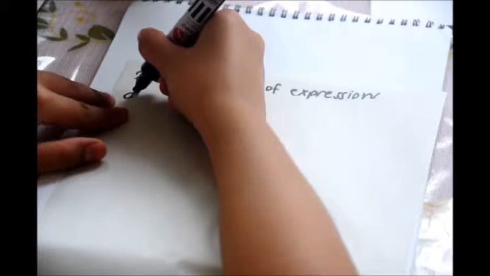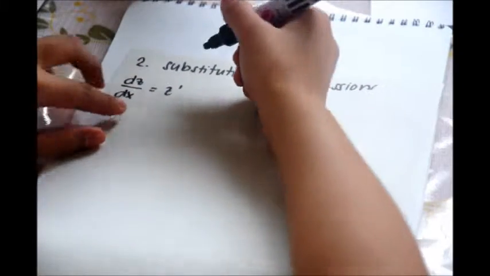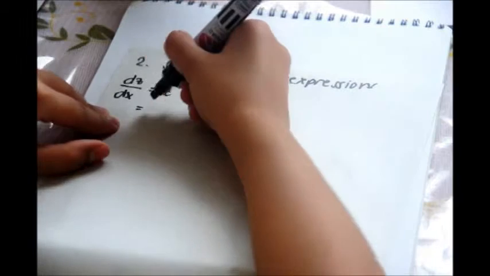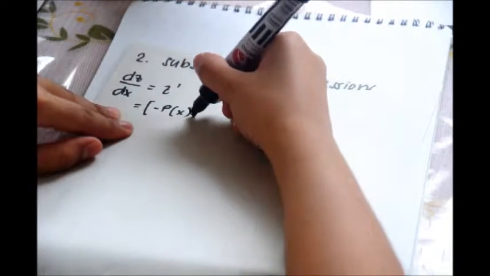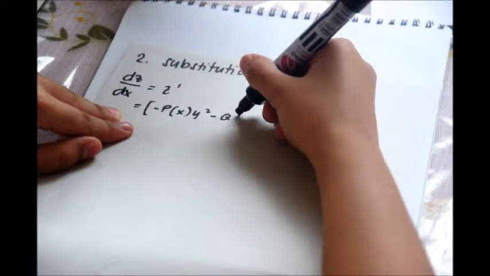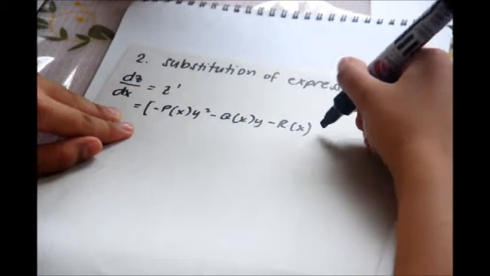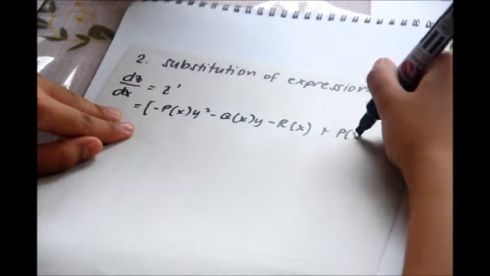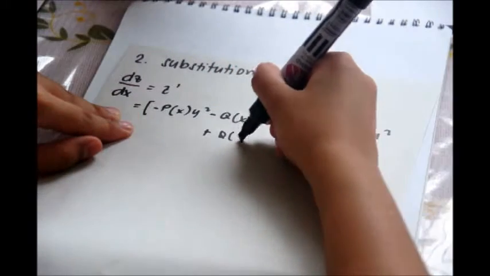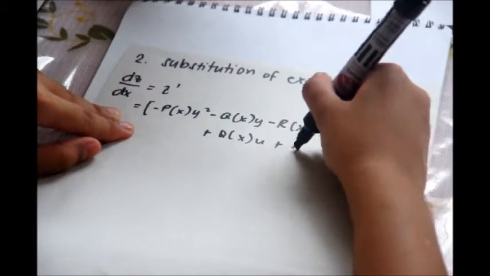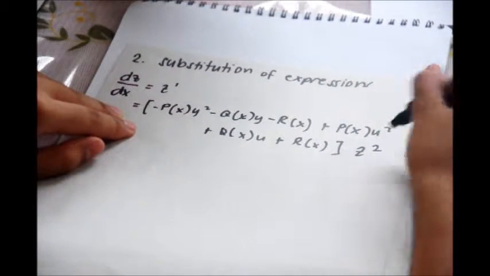So now dz over dx is equal to z prime, which is equal to negative p(x)y squared minus q(x)y minus r(x) plus p(x)u squared plus q(x)u plus r(x), multiplied all by z squared.